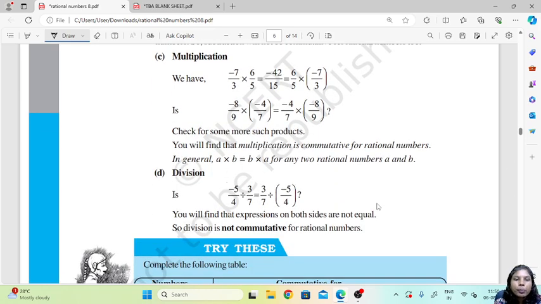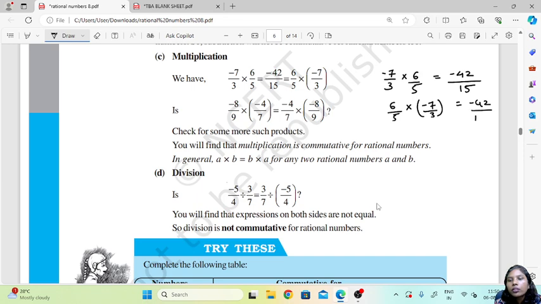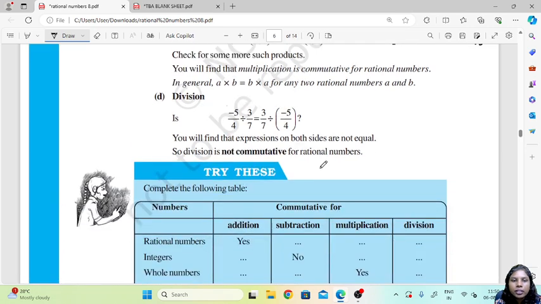Then let's check for multiplication. So we have minus 7 upon 3 into 6 upon 5. Answer: 7 6s are 42, minus 42 upon 5 3s are 15. And if I reverse it, 6 by 5 into minus 7 upon 3, again minus 42 upon 15. So therefore the answer is the same, and therefore it is commutative for rational numbers.